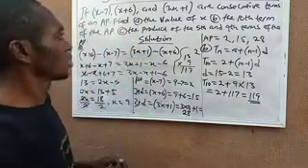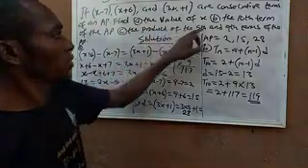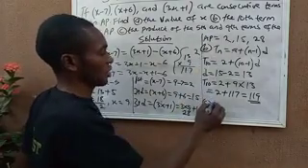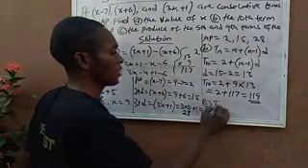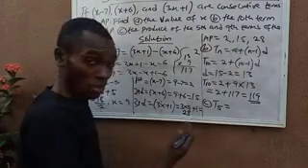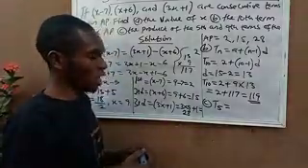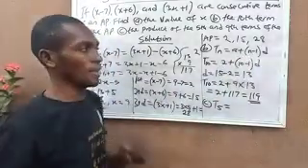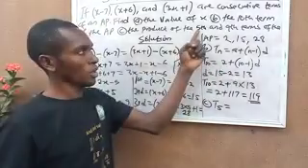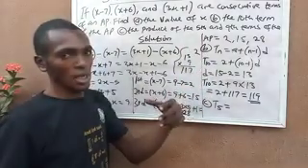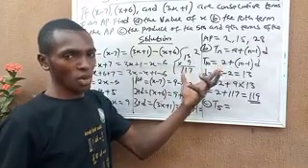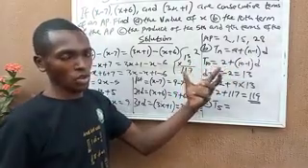Now the next thing is for C, the product of the 5th and 9th terms of the AP. For C, we have our 5th term, T5, which uses the same formula. There's also an easier way of doing it. If you observe, the term you are asked to look for is always reduced by 1.